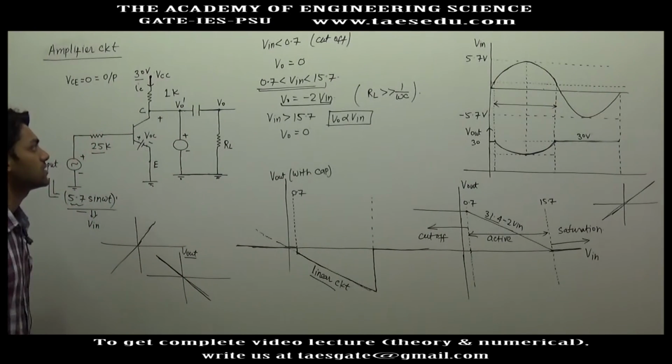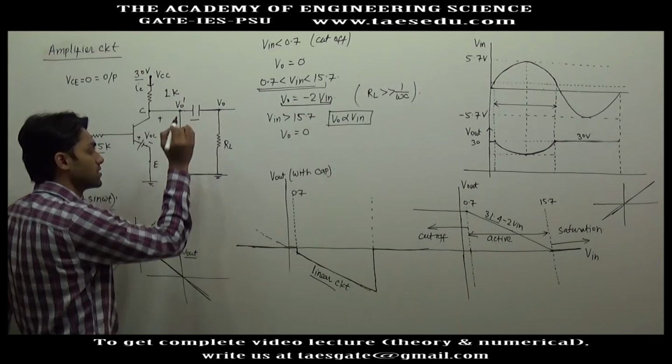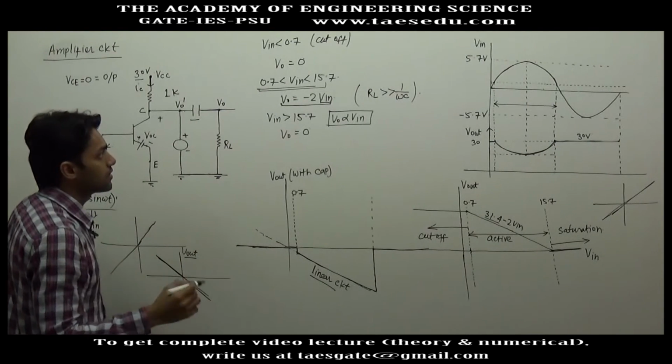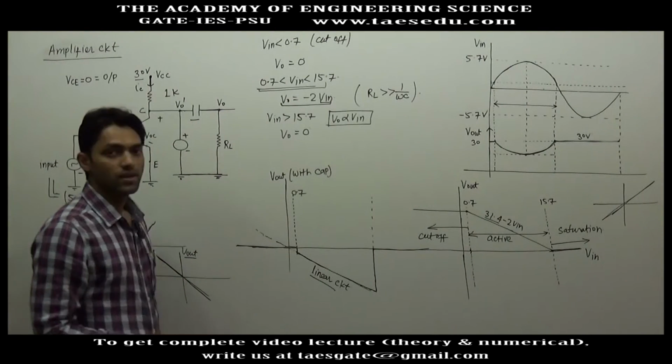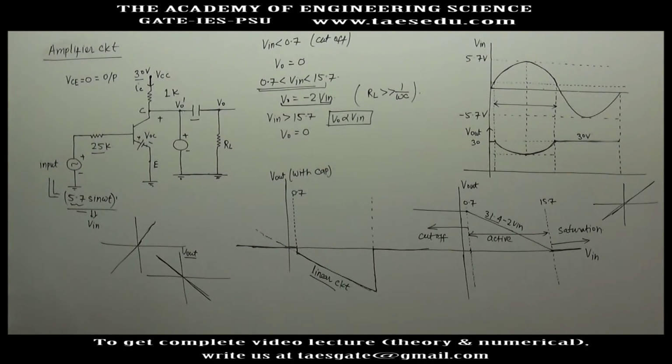So the conclusion is, if you connected a capacitor, in the region in which the transistor operates in active region, the behavior of the circuit will be as a linear circuit, and this is the condition. When a circuit behaves as a linear circuit, it can be operated as an amplifier.